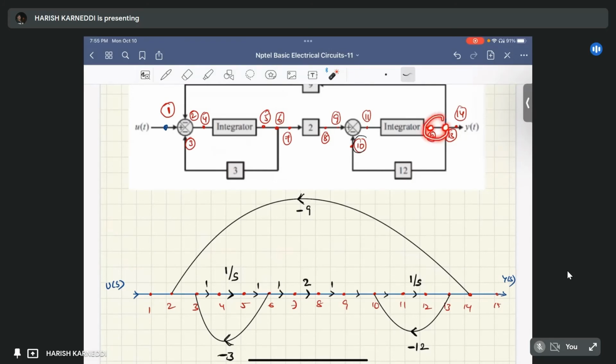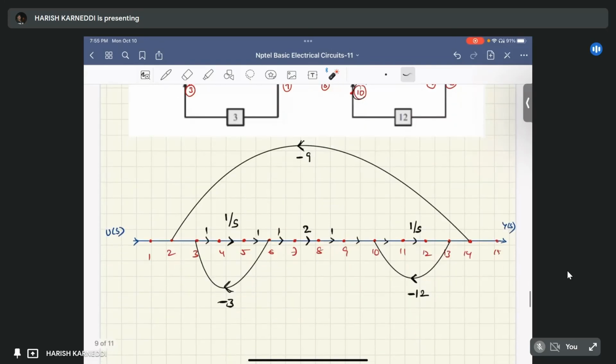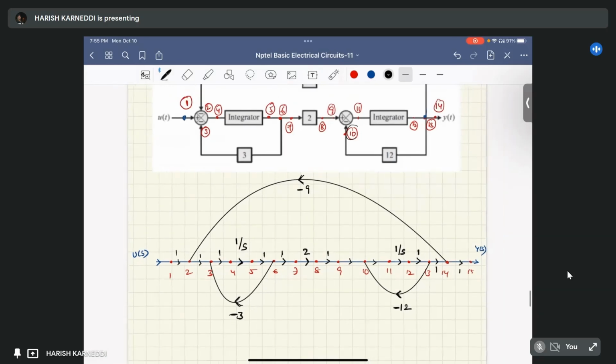In between there are no gain blocks, so it has unity gain, which we can represent with 1, and this is 1, this is 1. Okay, this is how one can draw the signal flow graph from the block diagram.